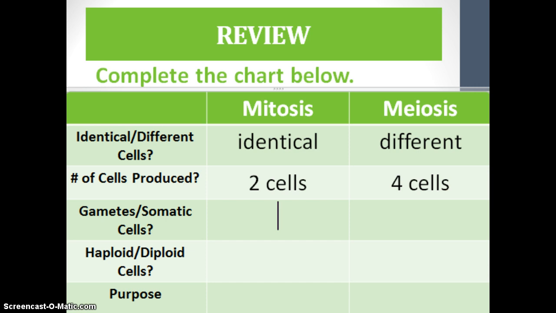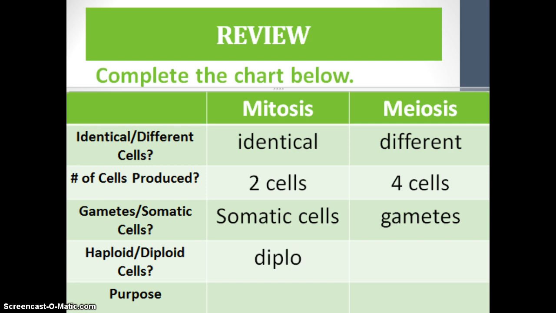Mitosis is used as a process to duplicate or replicate somatic cells. These are body cells. On the other hand, meiosis produces gametes, or in other words, sex cells. At the end of mitosis, the cellular process produces diploid cells. This is indicated with 2N for 2 sets of chromosomes.